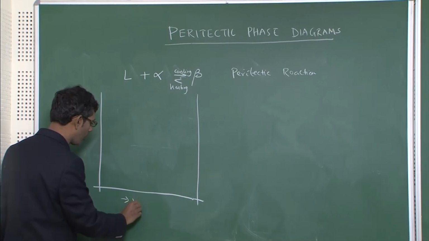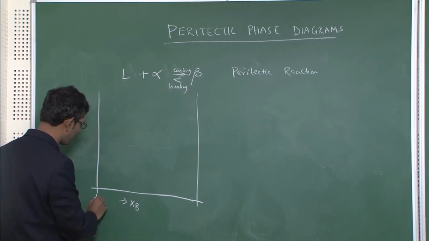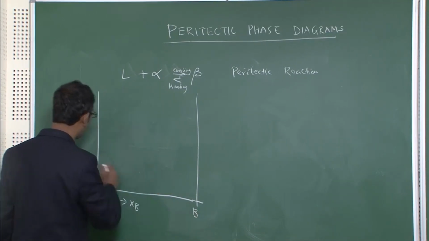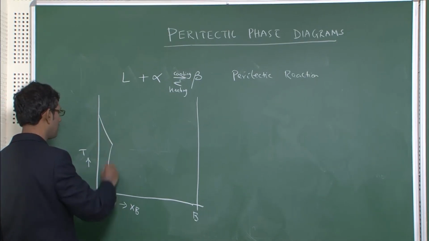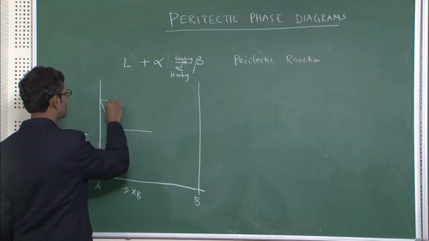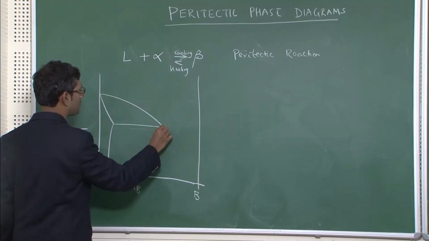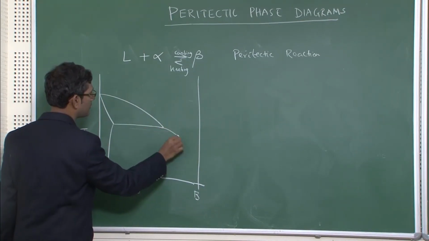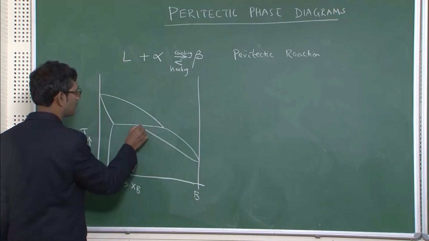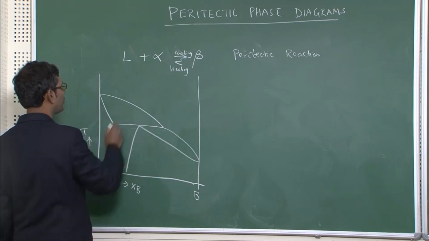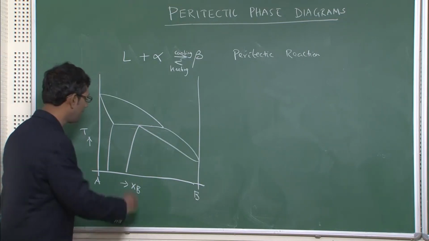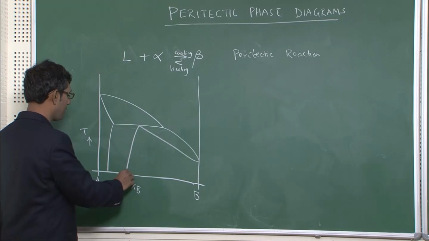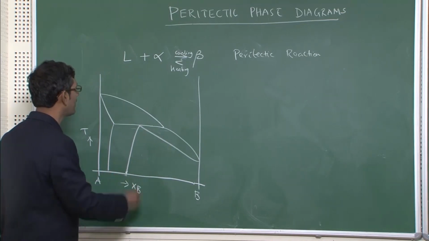Again I draw the composition axis first, pure A, pure B ends, temperature. So this diagram is completely different from eutectic. In the eutectic phase diagram you have seen there is a dip at the center. Here it is not present.